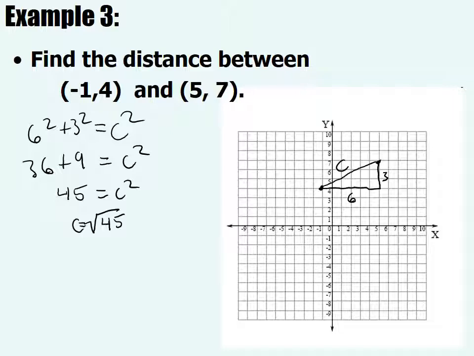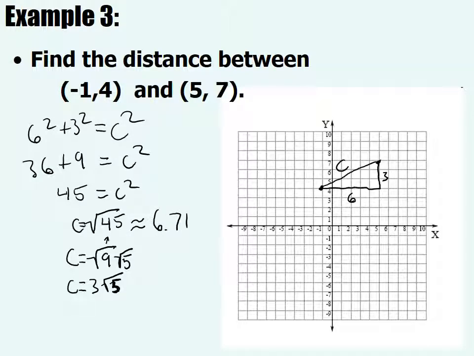And I know that I could break this up into the square root of 9 times the square root of 5. I chose that because 9 is the largest perfect square factor of 45. So when I simplify this, I get 3 times, not root 3, times the square root of 5. Now if I type the square root of 45 into my calculator, I get 6.71.